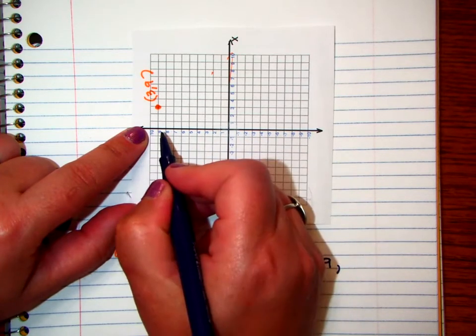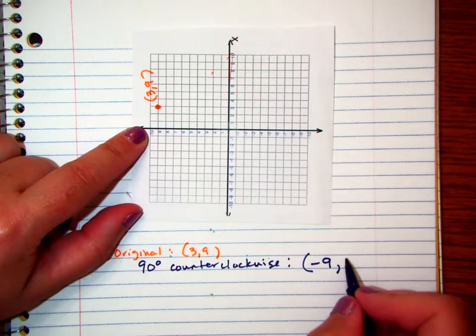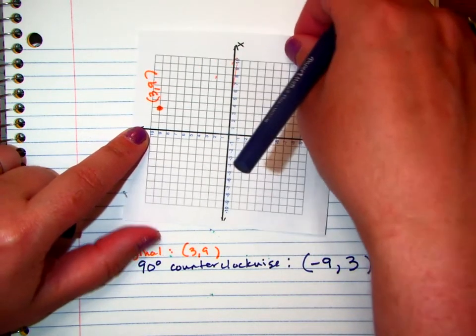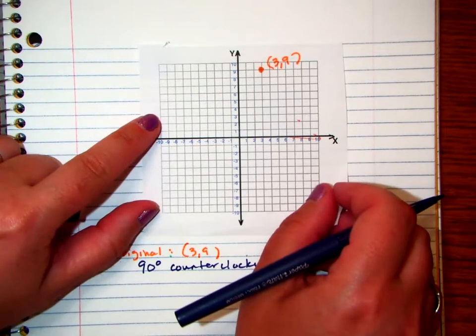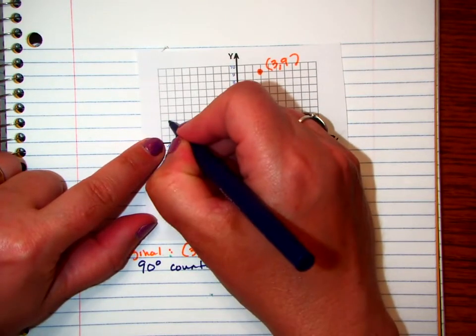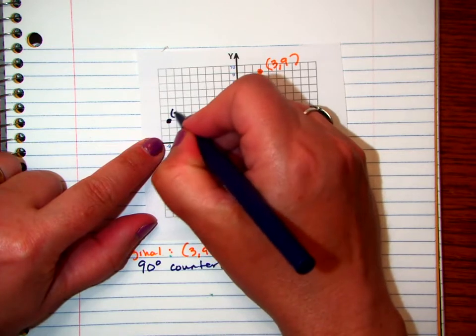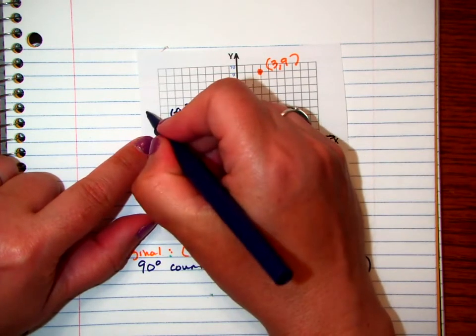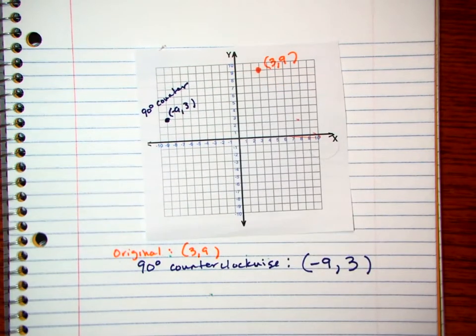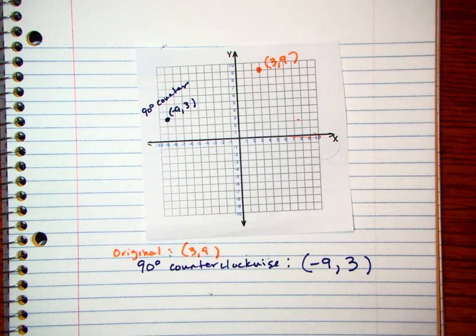So negative 9, positive 3. Okay, so when I normally do these, I like to move it back then. And then I'd say, okay, negative 9, positive 3. So this would be my 90 degrees counterclockwise rotation.